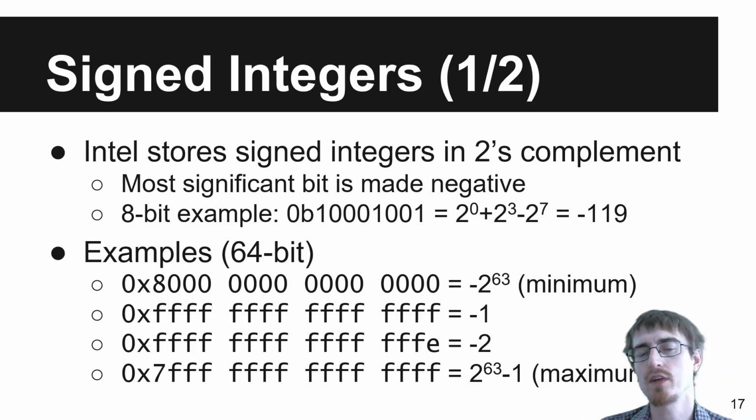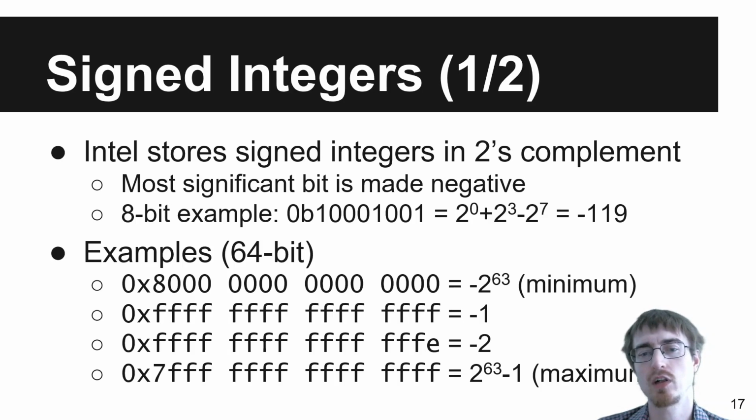Now, if we want to make minus 1, we have to set all the bits. Why is this? The negative highest order bit is exactly one more in magnitude than all the other bits put together. So we have minus 2 to the power 63. The remainder of the bits is exactly that, but minus 1. We subtract and we get minus 1.